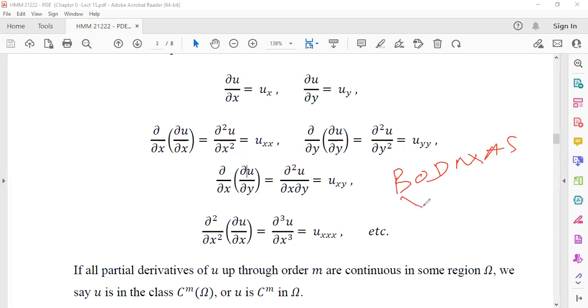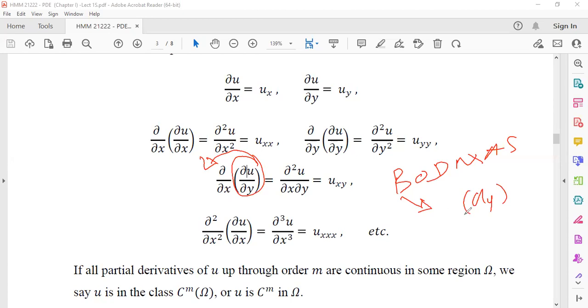So what does the B mean in the order of calculations? Yes, good. Bracket, no? So likewise, you have to consider the bracket first, then only this one. So likewise, u_y is the first one.